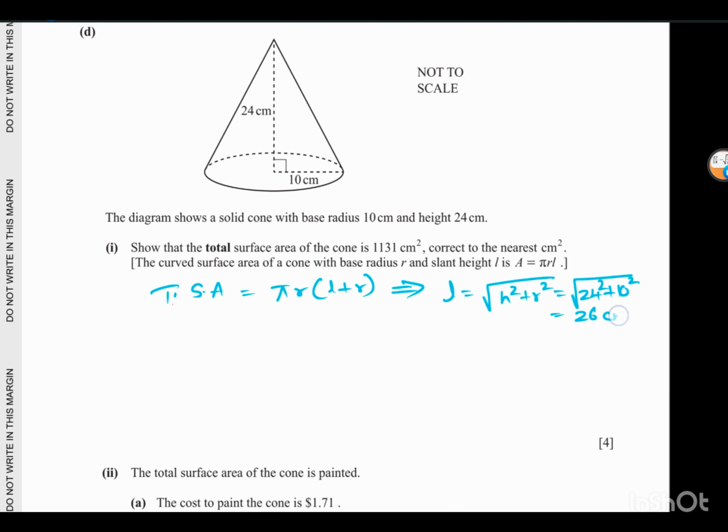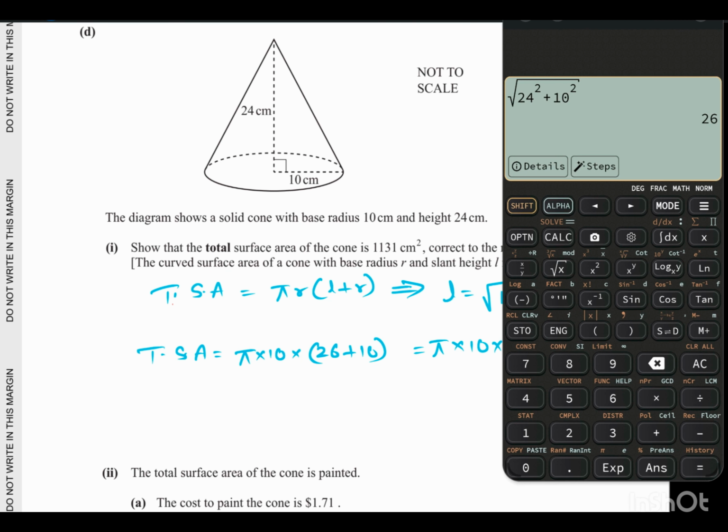So 26 centimeters is the slant height. Using this, find out the total surface area, which is pi into 10 into L is 26 plus r is 10. So that means it is pi into 10 into 36. Find out. If we keep pi into 10 into 36 it will be 1130.973.